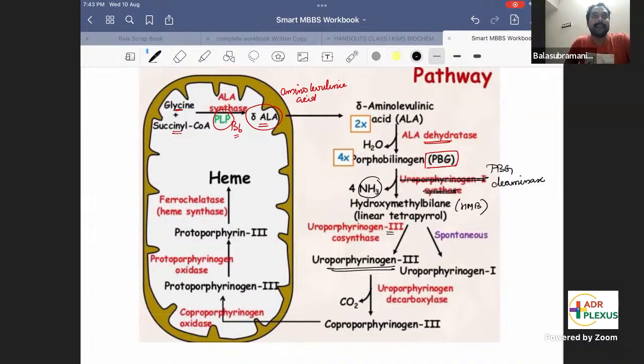So the first step is ALA synthase forming delta aminolevulinic acid. It jumps from the mitochondria to the cytoplasm. One water molecule is removed by ALA dehydratase, and it becomes porphobilinogen. From porphobilinogen, ammonia is removed by PBG deaminase, and it gets converted to hydroxymethylbilane. Hydroxymethylbilane can spontaneously be converted to class 1, or it can be converted to class 3 uroporphyrinogen.